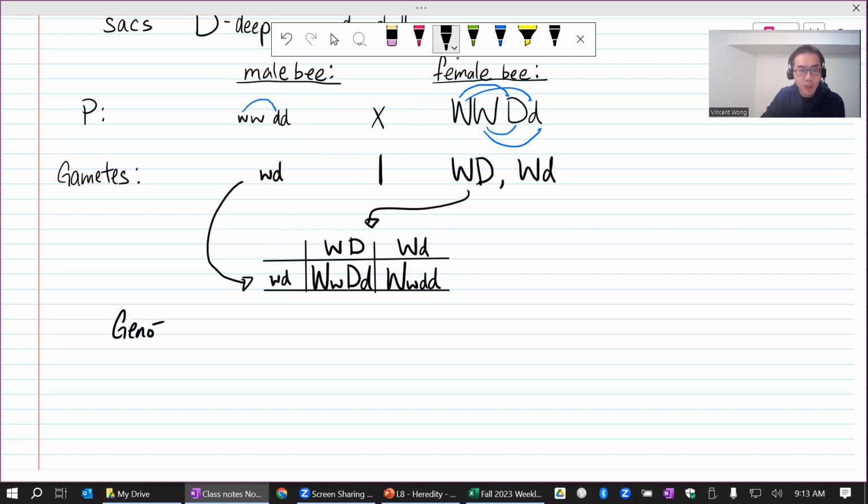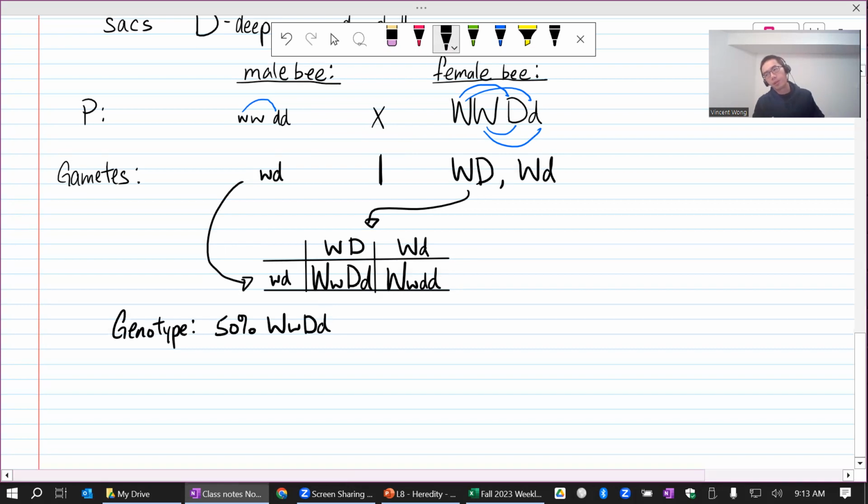Hopefully you understand that, and if not, ask. The question asks for genotype as well as phenotype. For genotype, it's 50% big W small w, big D small d, one out of the two boxes. And then 50% big W small w, small d small d.